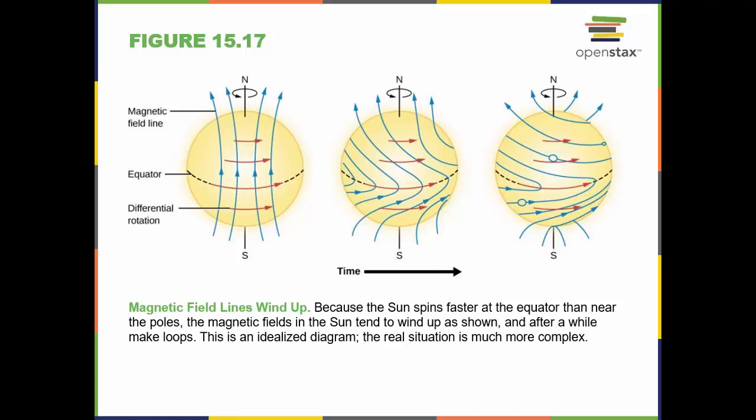So these magnetic field lines, in essence, get pulled by the rotation of the sun, and they tend to wind up as shown, and after a while they'll make loops. Once again, this is just an idealized diagram to give you an idea of what's happening with these magnetic field lines. It's really much more complicated than that.